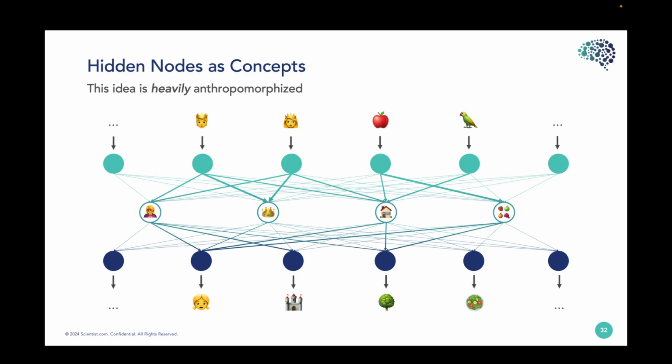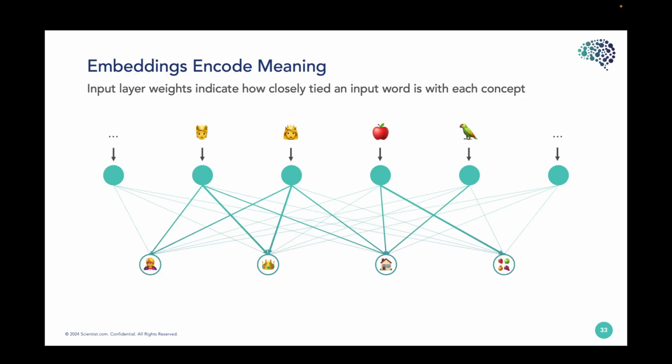So if we think back to the beginning, we're not actually interested in predicting words in context. What we're interested in is creating embeddings. So we can actually throw the second half of this network away. We're not even going to use it. It was a means to an end. And what we're left with is the input to hidden node weights from our definition, right? And this is how closely connected each word in our vocabulary is to each node in our hidden layer.